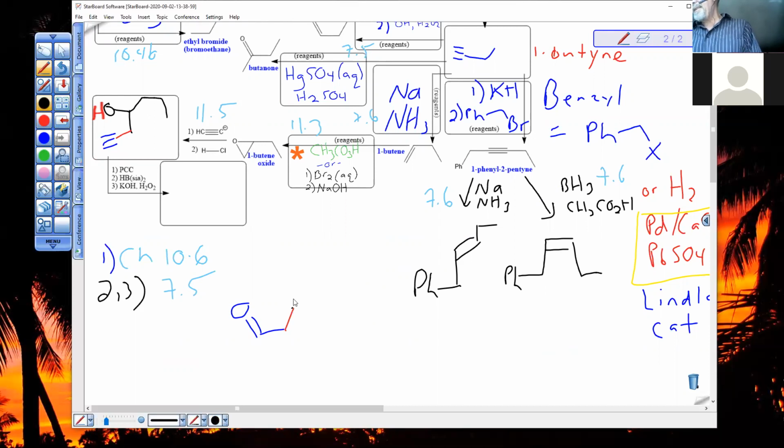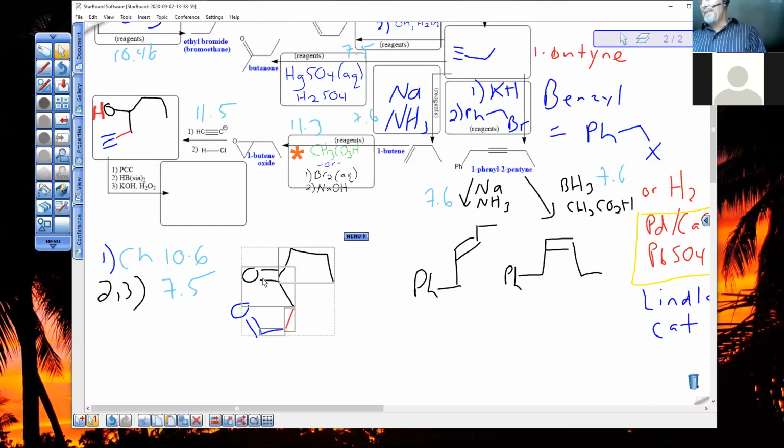Here is the C with the OH. Oh, it's not an OH anymore. PCC did what to a secondary alcohol? We have a C goes to a C. That's a carbonyl. PCC converts secondary alcohols to ketones. So there is our molecule.